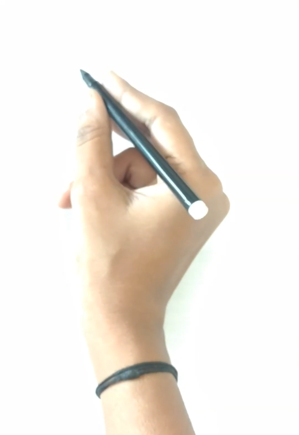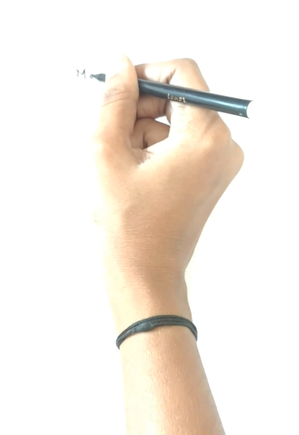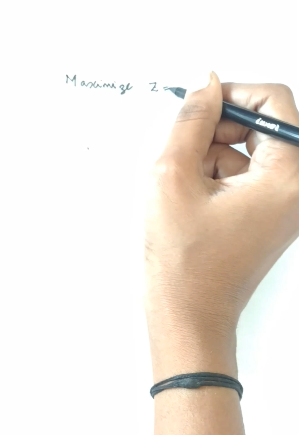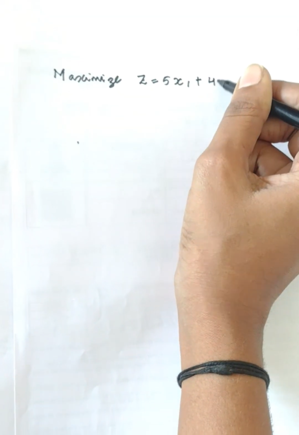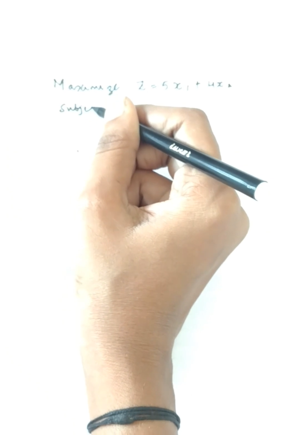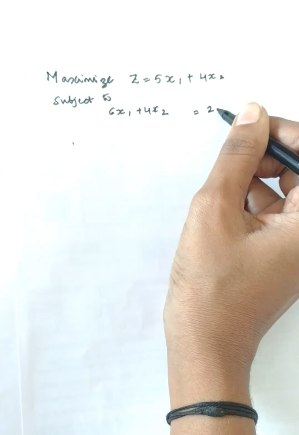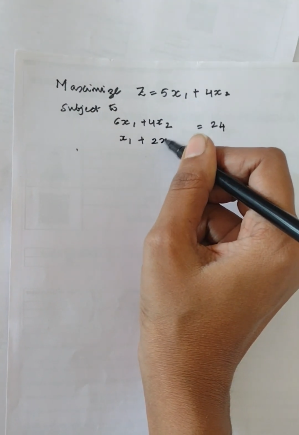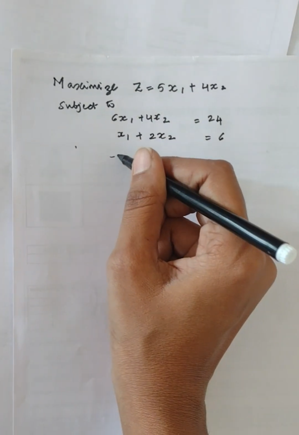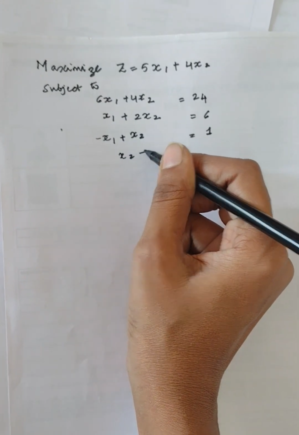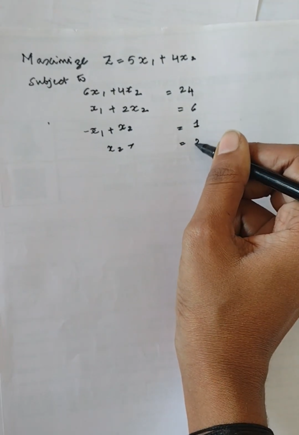So the question is: maximize z = 5x1 + 4x2, subject to 6x1 + 4x2 ≤ 24, x1 + 2x2 ≤ 6, -x1 + x2 ≤ 1, x2 ≤ 2.